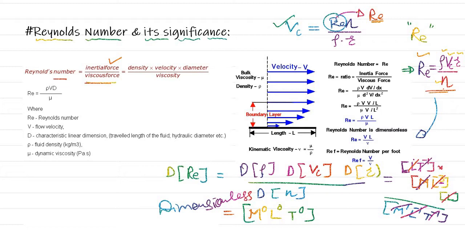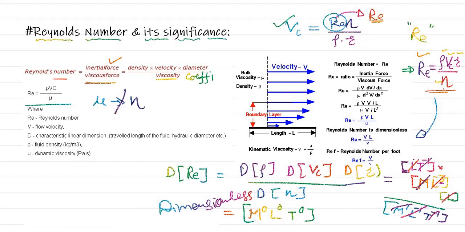And the viscous force, we know, represents the coefficient of viscosity. So we write the viscosity coefficient here, and therefore in this Reynolds number, mu is represented by the viscosity coefficient, but yes, we can represent it either by mu or by eta.